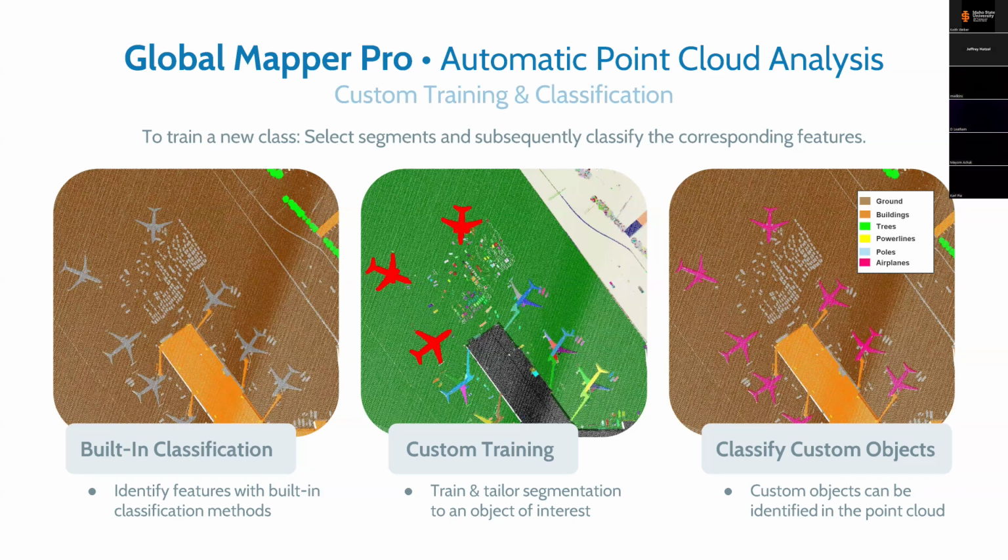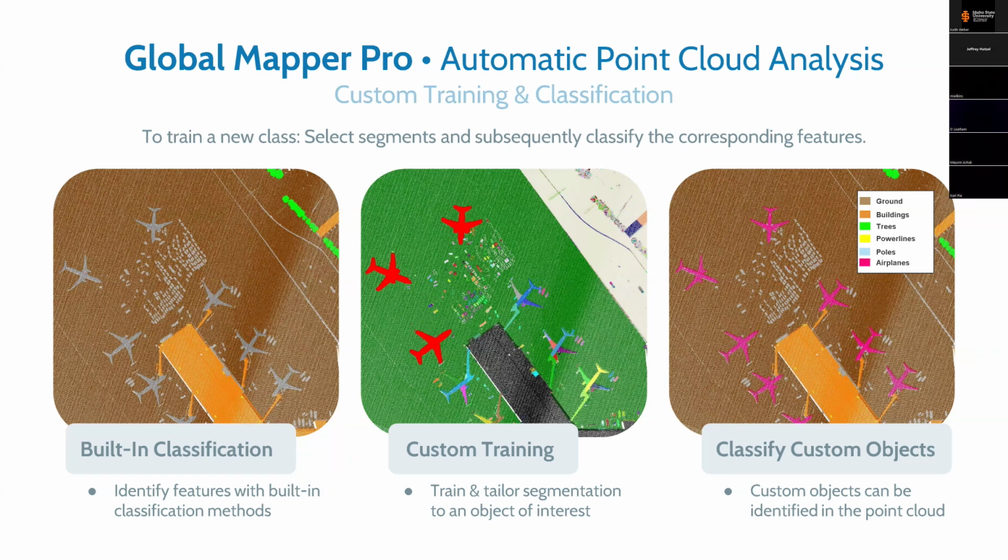Roads and sidewalks and things of that nature can all be identified as well. So really, as long as we have a clear representation of that feature and it's a consistent representation, I wouldn't expect an airplane-trained classifier to go find a ship, right? Very different structure. We have the ability to identify those features.